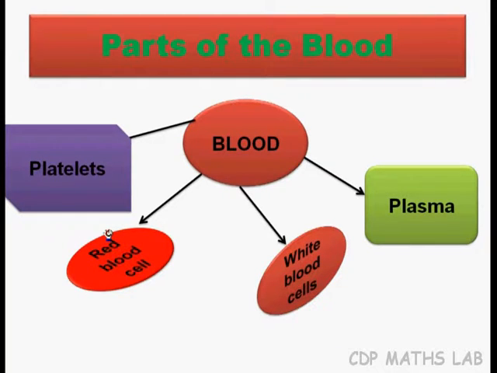And it is made up of platelets. So the blood is made up of red blood cells, white blood cells, plasma, and platelets. So these four parts form the blood.